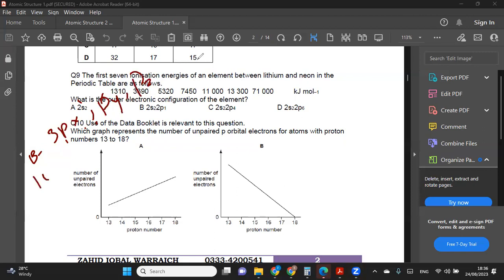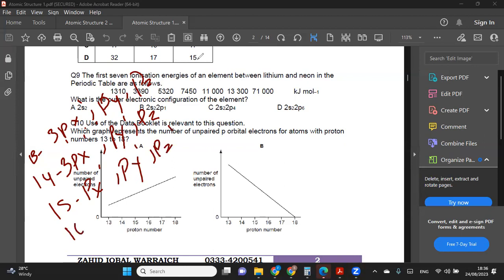And then we had 14, which was 3px1, py1, and then pz was empty. Then we had 15, in which we had px1, py1, and pz1. Then we reached 16, where we said it's going to be px2, py1, and pz1.